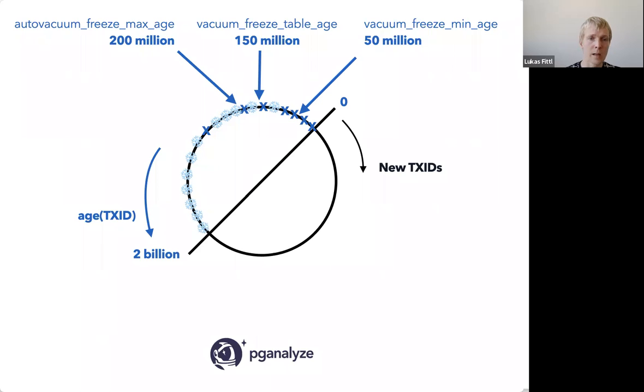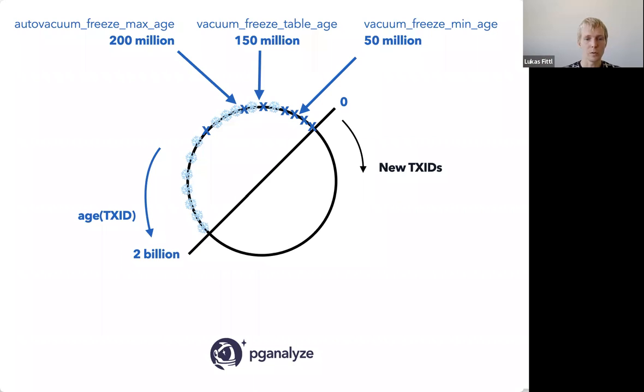Vacuum freeze table age is the time when a vacuum becomes aggressive. That's soon after the freeze min age, but not too soon, so there's some room for normal vacuums to occur. And then freeze max age is the time when anti-wraparound vacuums kick off.